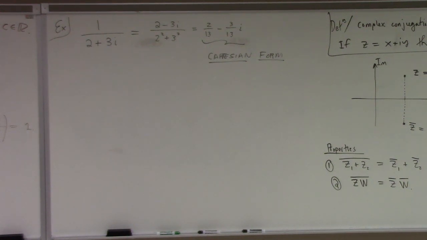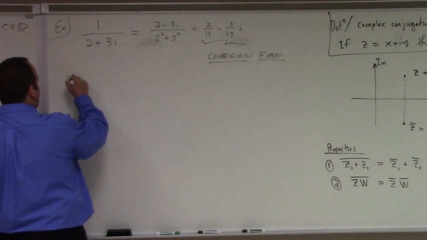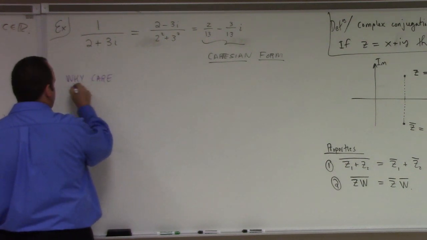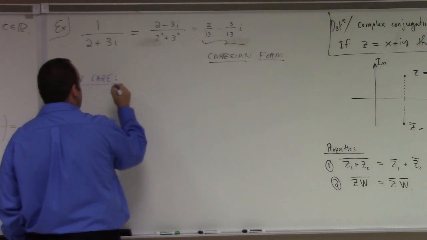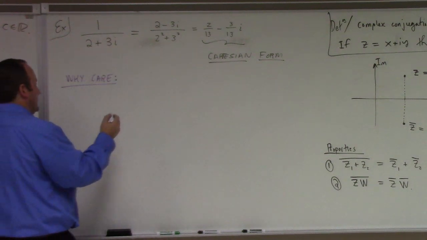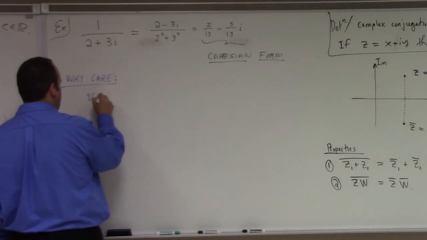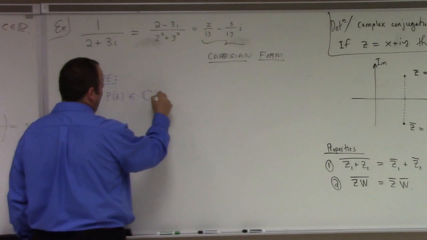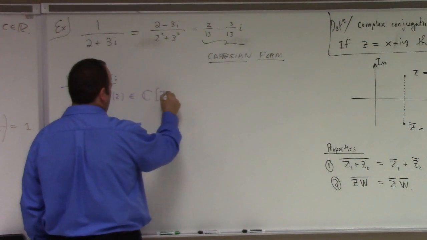All right. So why do we care about complex numbers? Lots of reasons. I mean, the whole semester, at least 70% of it, maybe 80%, is about why we care. But just to throw you a bone, if P of z is an element of C of z, what's that mean, this C of z?